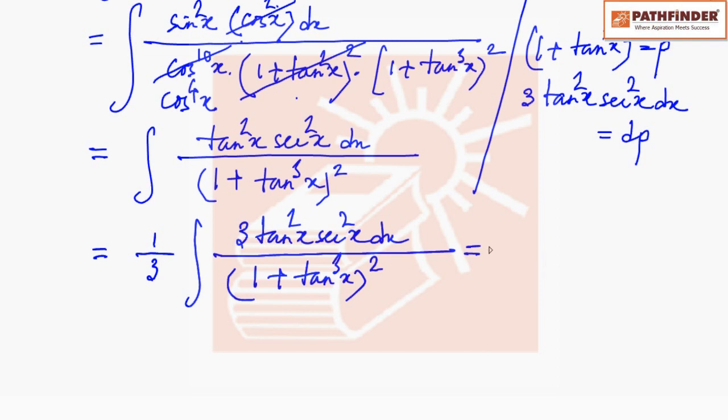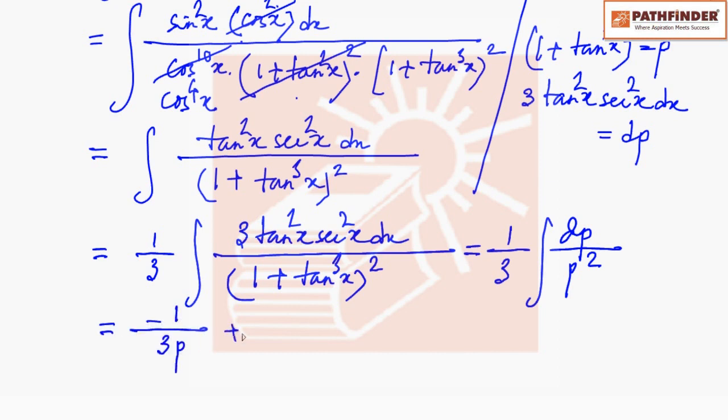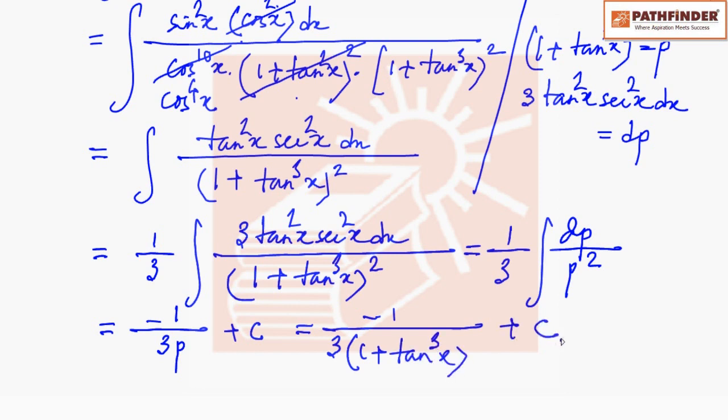That means we get 1 by 3 integration dp by p square. So the integration comes to minus 1 by 3p plus c. So the result is minus 1 by 3 into (1 plus tan cube x) plus c.